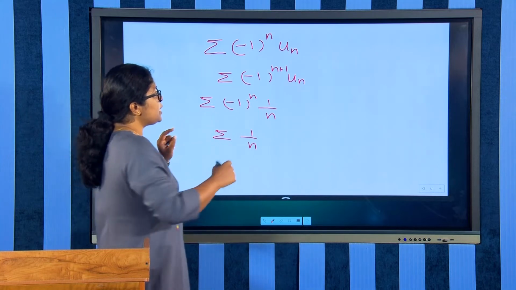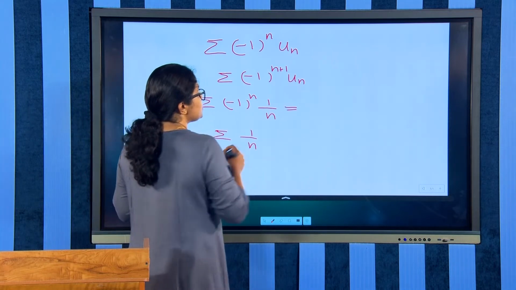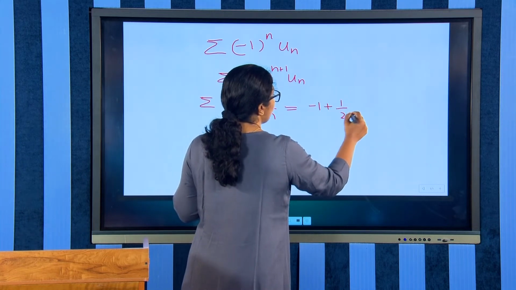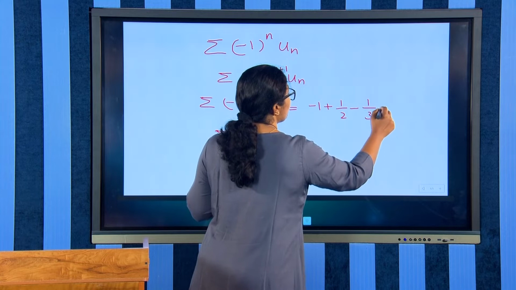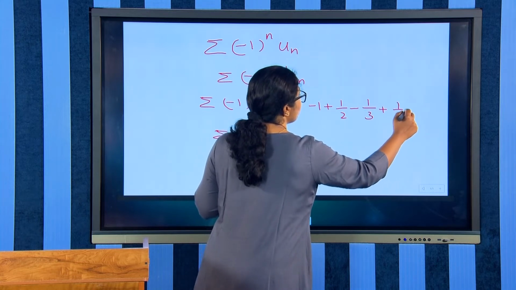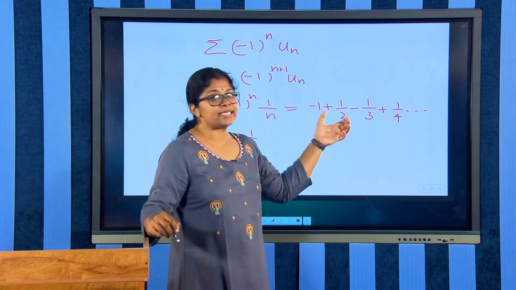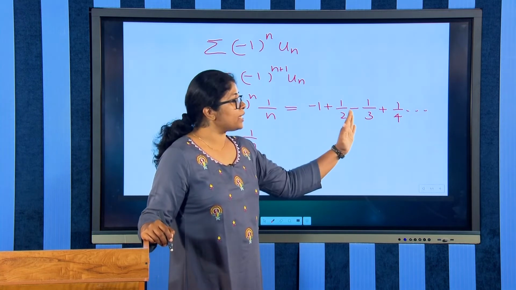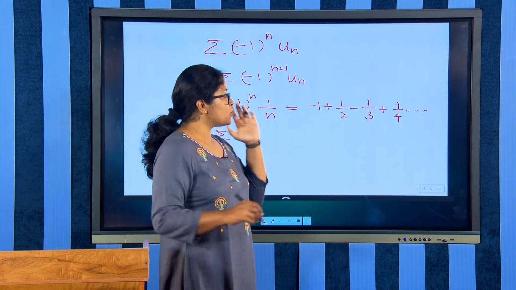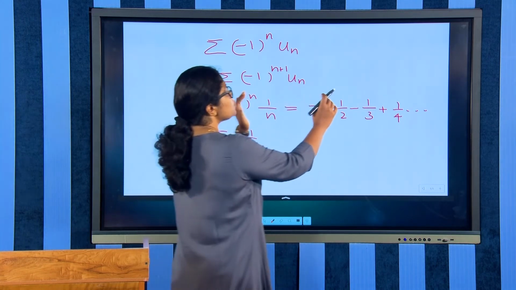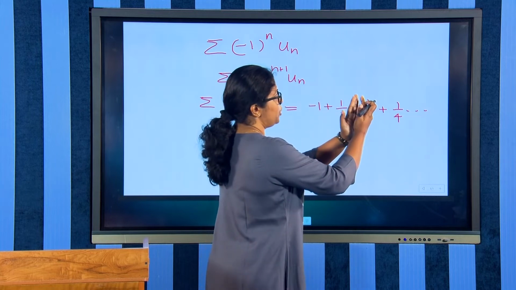Here we can see that when we expand these terms, we are getting negative 1 plus 1 upon 2 minus 1 upon 3 plus 1 upon 4 and so on. So, each term is considered with the sign as well. But in the case of alternating series, we used to consider only the nth term un.